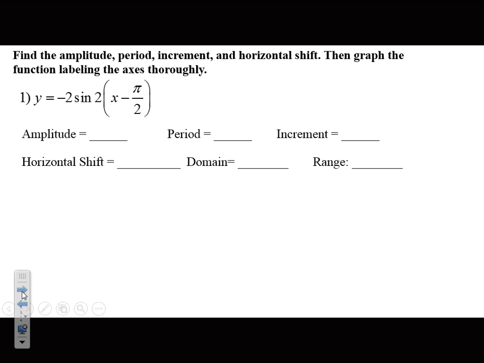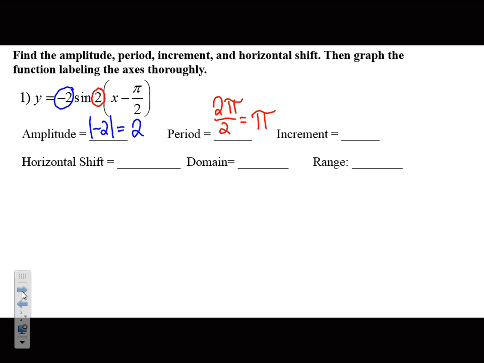All right, here's our example number 1. First things first, we need to find our amplitude. To find amplitude, we're going to take the absolute value of the number that's out in front, so it's just going to be 2. Next thing we're going to do is work on the period. That's the number that comes after sine, so it's going to be 2 pi divided by 2, which is just pi.